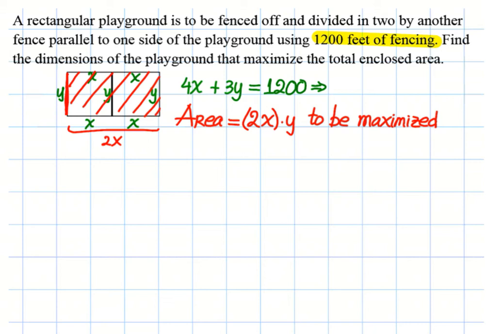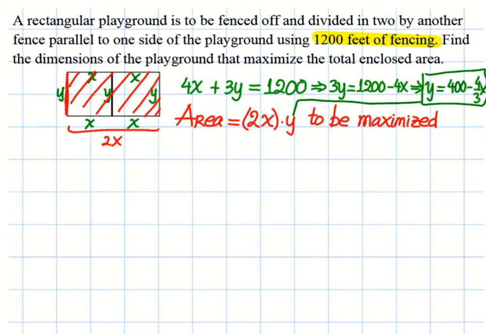Subtract 4x on both sides, 3y equals 1200 minus 4x, and then divide by 3 on both sides: y equals 400 minus 4 over 3x. 1200 divided by 3 is 400.